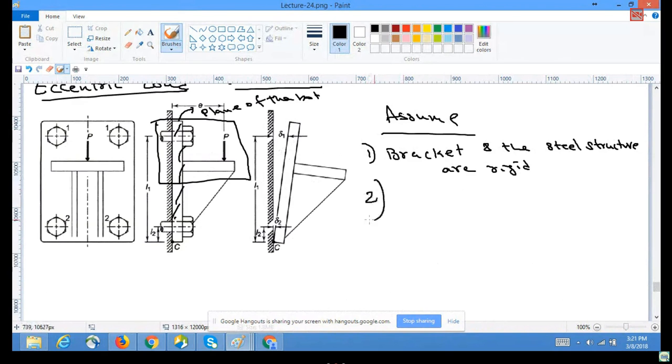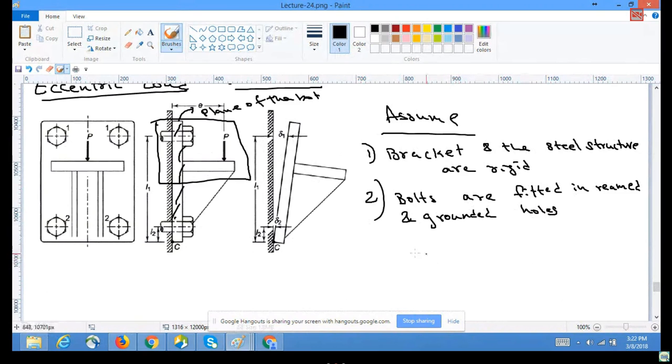Secondly, the bolts are fitted in reamed and ground holes so that a perfect tension can be enforced onto these bolts.